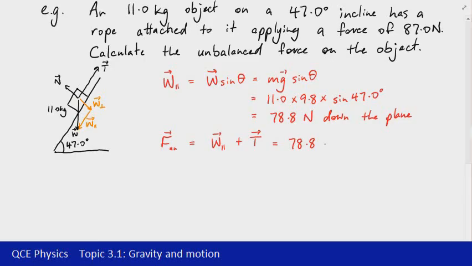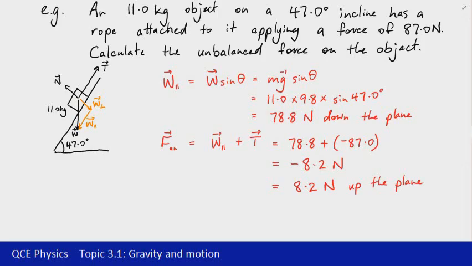So that's going to be a negative value, so we're going to have to add negative 87 newtons, which gives us a value of negative 8.2 newtons. Writing that in a form that makes a little more sense, dealing with that negative as being up the plane, we can write that it's 8.2 newtons up the plane. So there's the situation of an applied force with a frictionless surface.